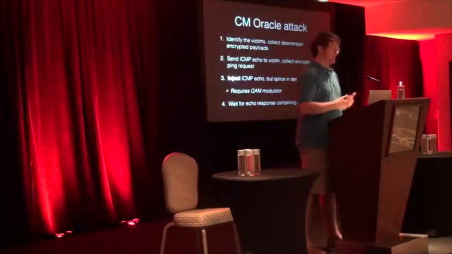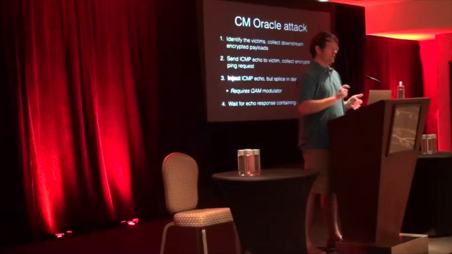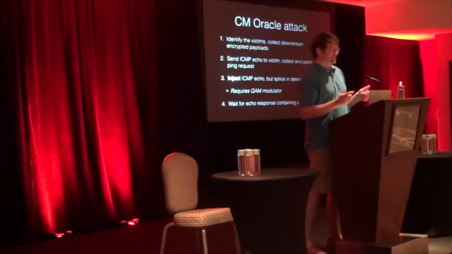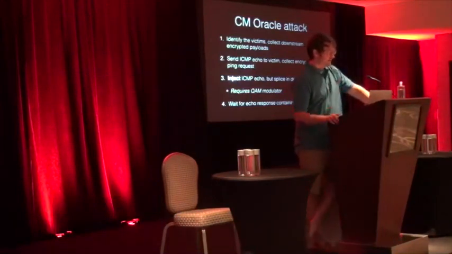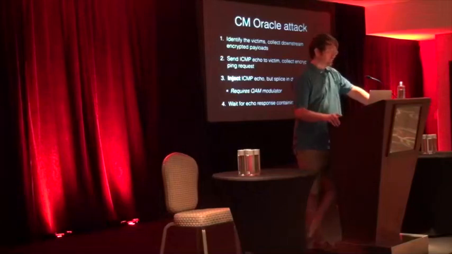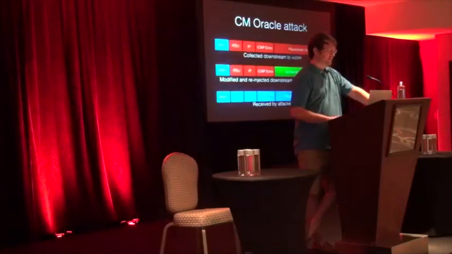You then send the ICMP echo to the victim. You collect the encrypted ping request. Then you have to re-inject it onto the network, splicing in that payload you want to decrypt. The key here is this requires a QAM256 modulator, and then you're going to wait for the echo response to naturally make its way back to you, which contains the decrypted data.